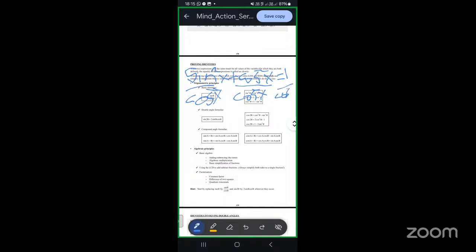So what is sine squared x over cos squared x? That is tan squared x, plus cos squared x over cos squared x, which is 1, is equal to 1 over cos squared x, which is sec squared x. So you also understand this one now, right?